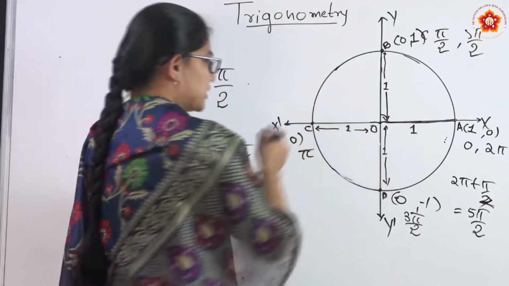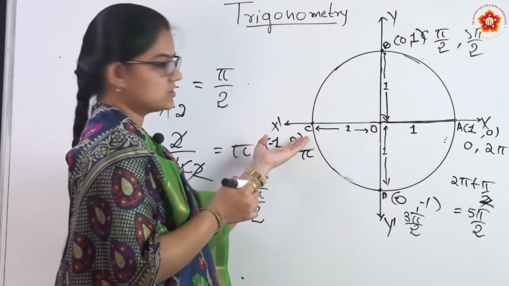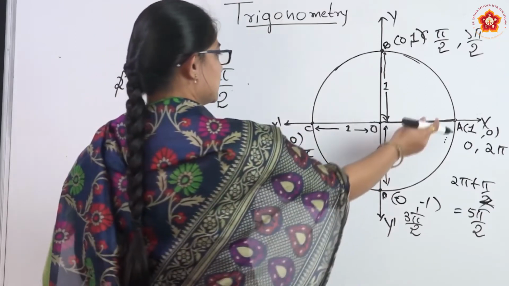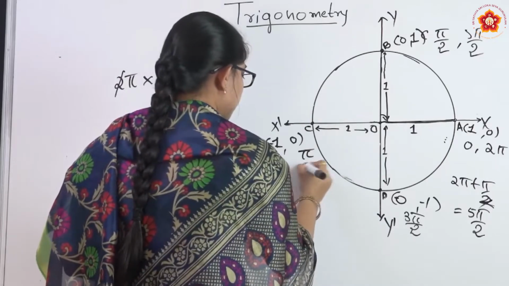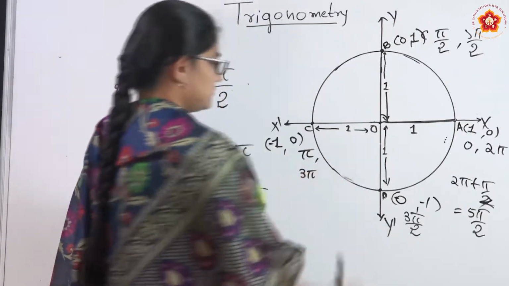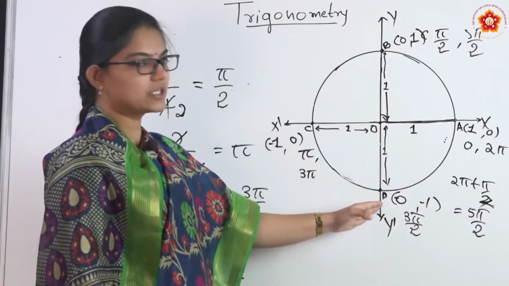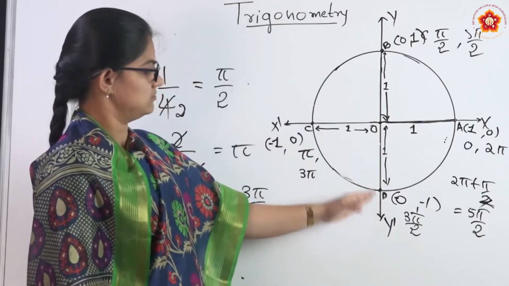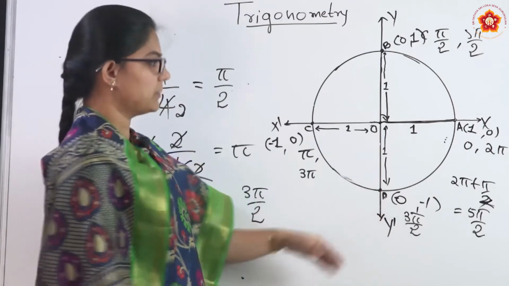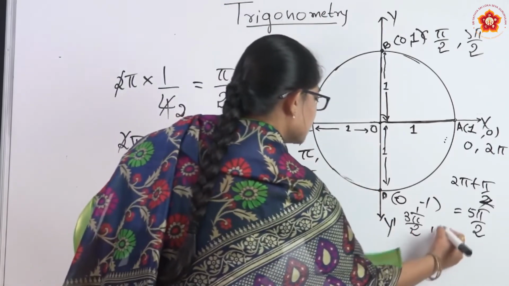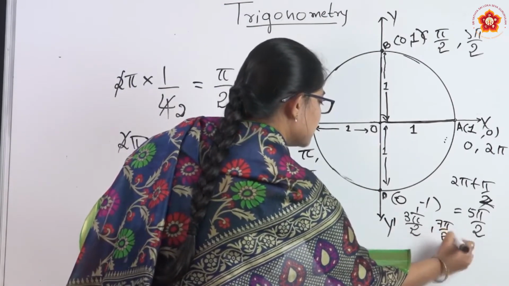If you want, you can consider still more points. You can consider 2 pi plus pi, that is 3 pi, correct? Next, you can consider 2 pi plus 3 pi by 2, and you get 7 pi by 2, okay? So here you can consider even 7 pi by 2.